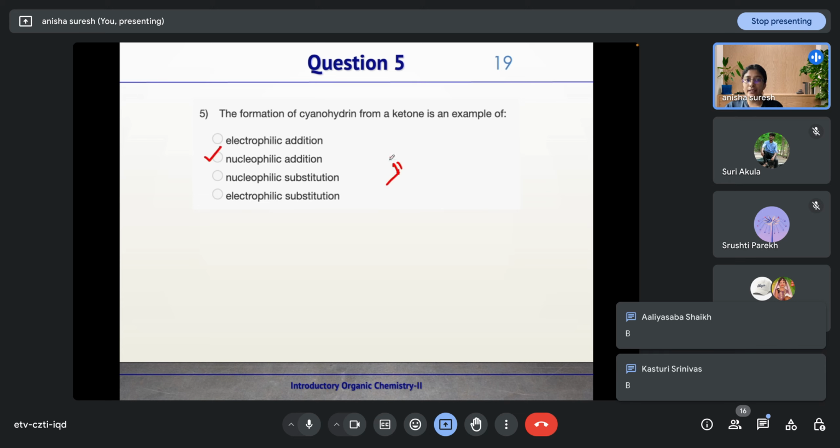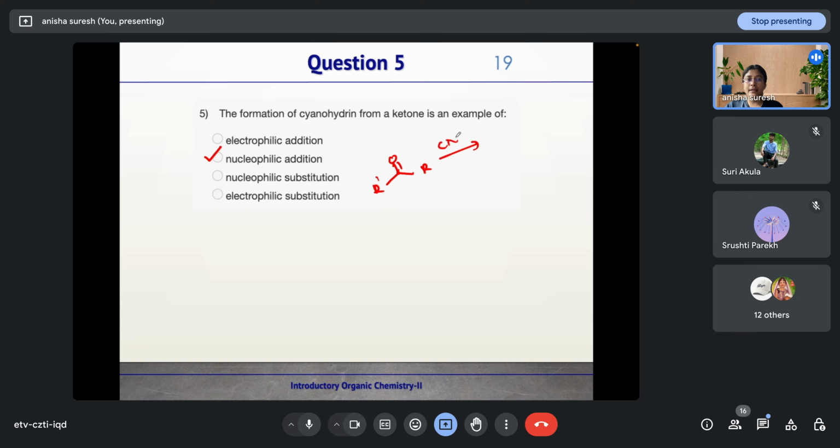So we have a ketone RR', and when CN-, which is a nucleophile, adds on to this electrophilic carbon center, we get this CN compound, which upon protonation gives this cyanohydrin.